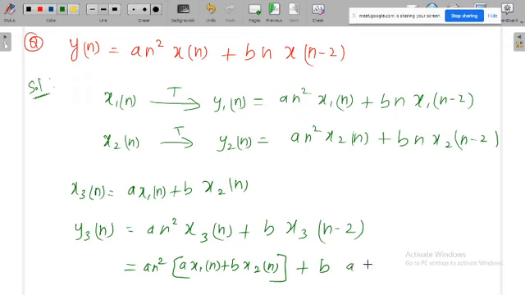That means a x1 of n minus 2 plus b x2 of n minus 2. Now you just multiply this term a n square. Again we are making a mistake somewhere, something is missing.